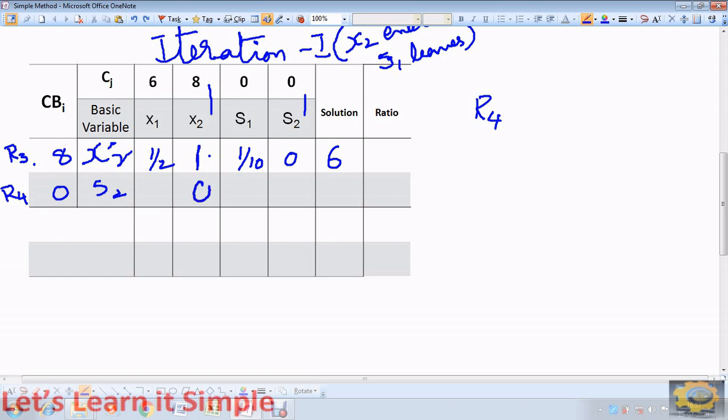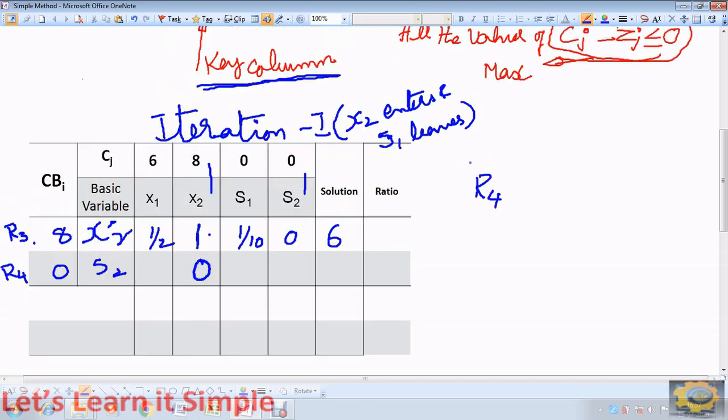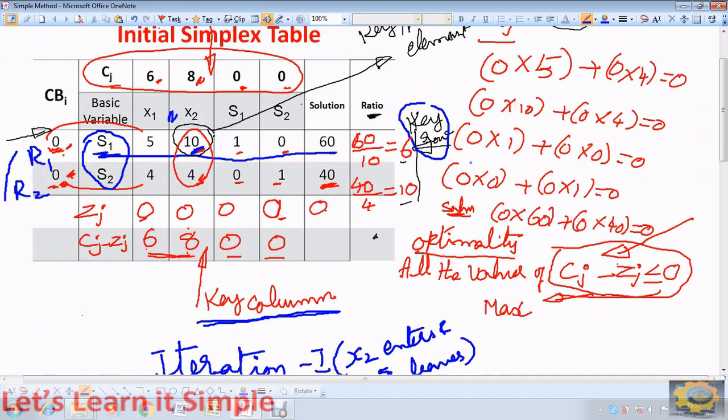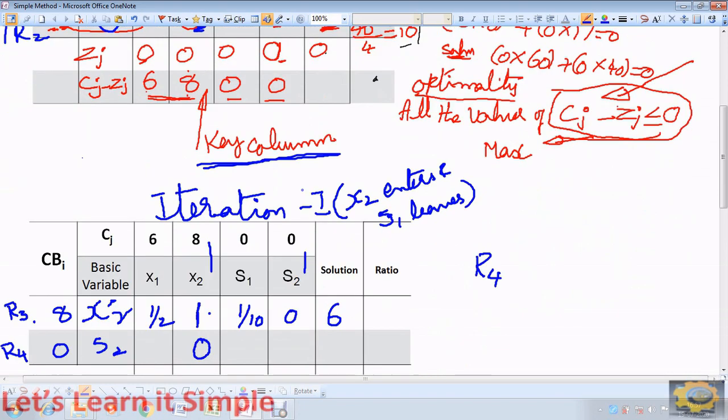Therefore, this should be made as 0. How can that be made as 0? If you go back to the initial simplex table, we have 4 here.